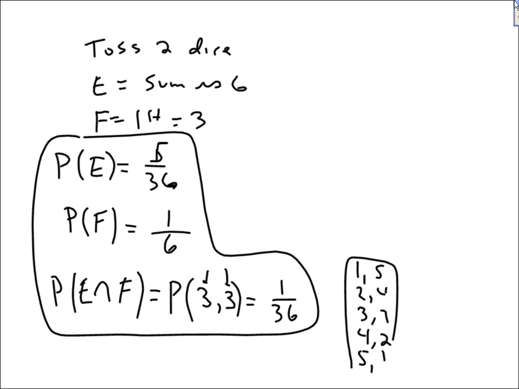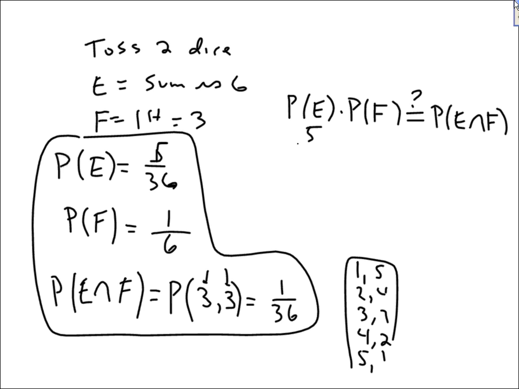Don't stop. The probability of E times the probability of F. Does it equal the probability of E intersect F? You see it does or it doesn't. Get your hands dirty. Decide. P of E, 5 over 36. P of F, 1 over 6. The right side, 1 out of 36.